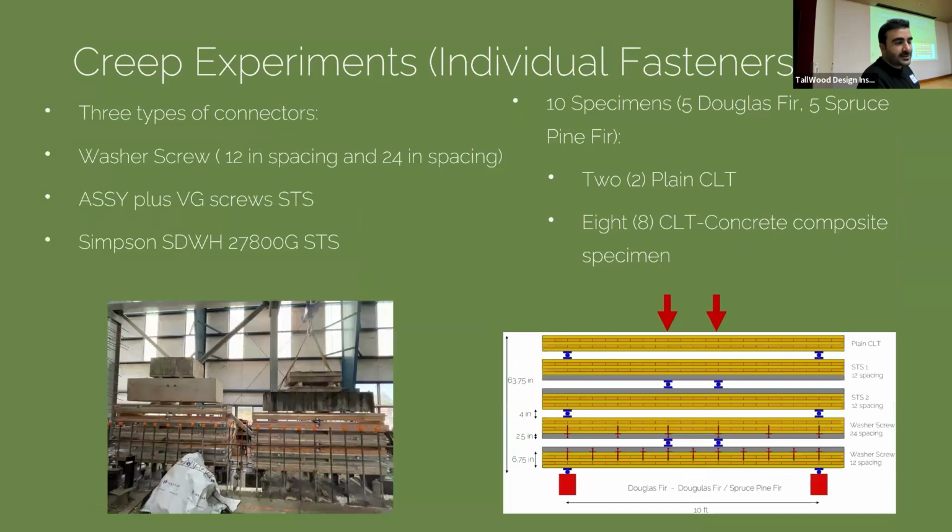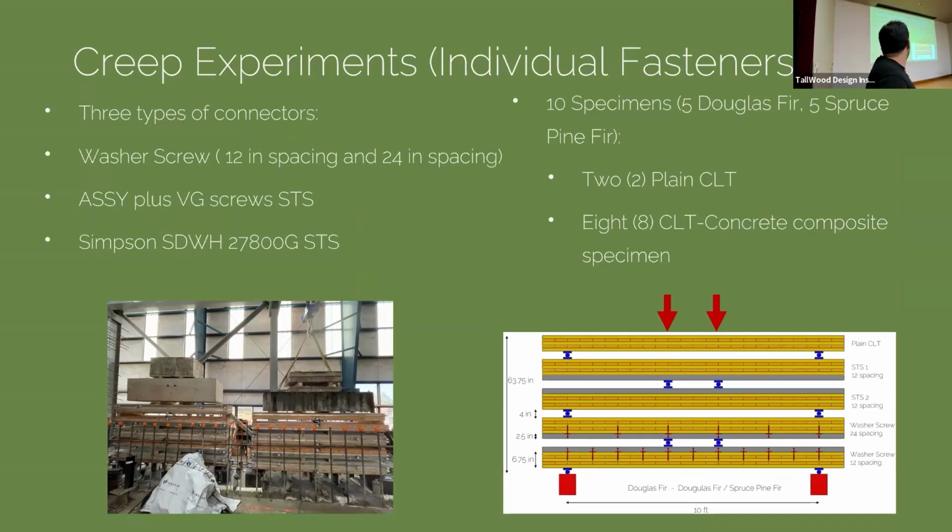We also test the full-size specimens. So you can see our experimental setup here. This is a very good way to save some space in your lab, because we have 10 different specimens. Imagine if you tested all of them as a single specimen.